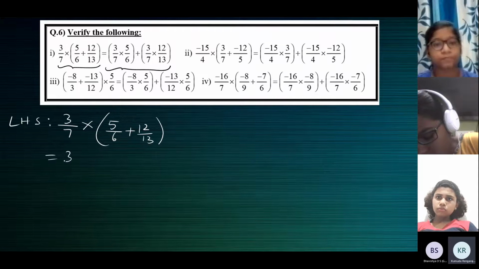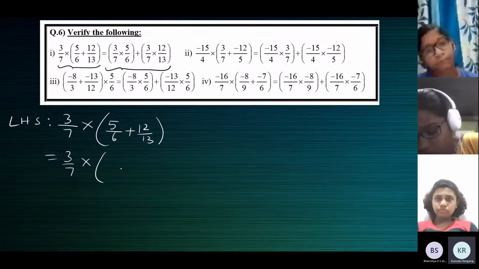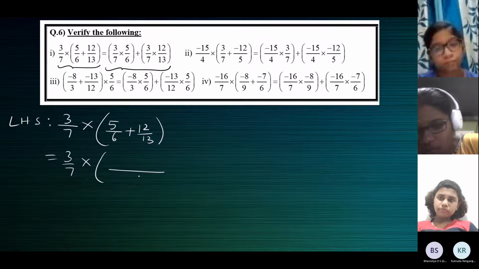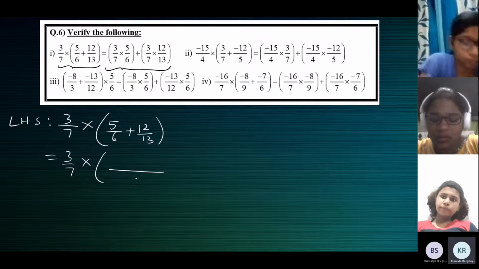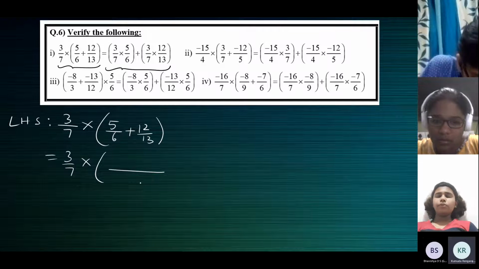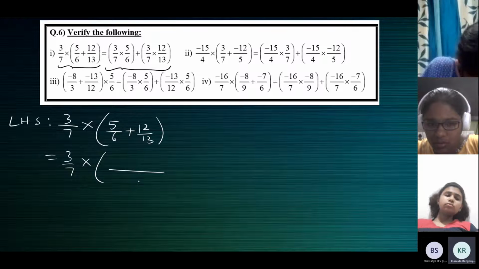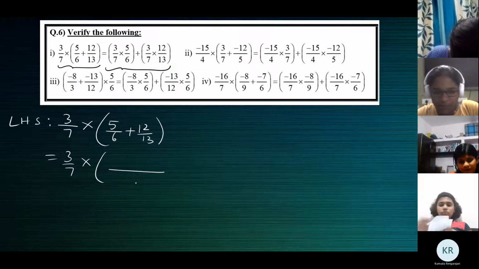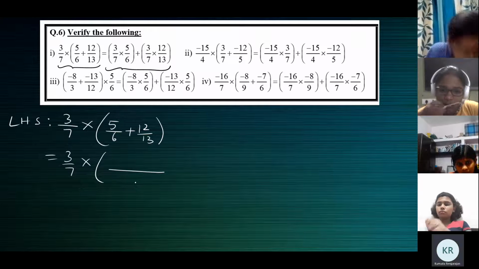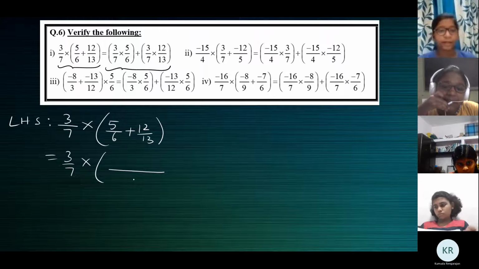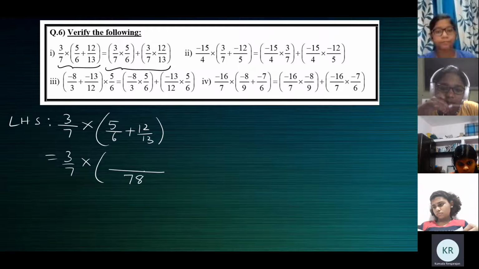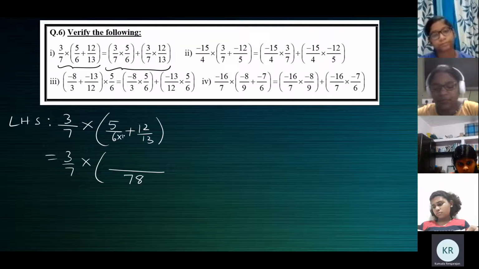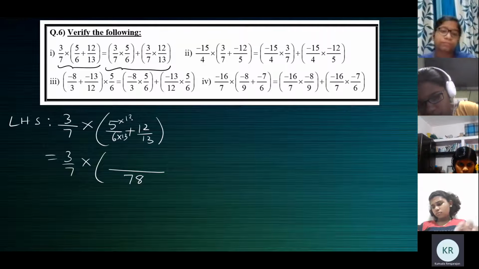Okay. So 3 by 7 into, what's the LCM of 6 and 13? Please find the LCM of 6 and 13. Addition. So you need to find the LCM of the denominators. 78. 78, correct. So 6 into 13, 5 into 13.